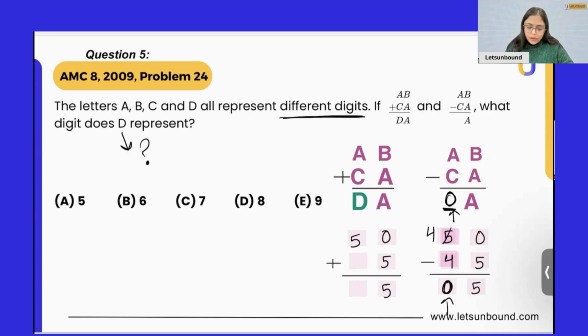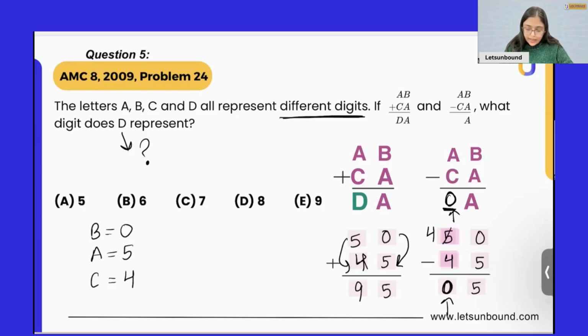So far, what all I have calculated, I got B as 0. I got A as 5. I just now calculated C as 4. So let me place C as 4. Right? Now let's just do some calculation on this side, the left side. So 0 plus 5 is 5, and what is 5 plus 4?